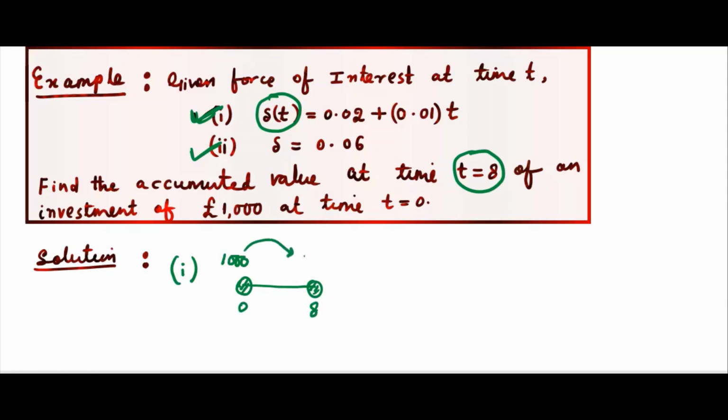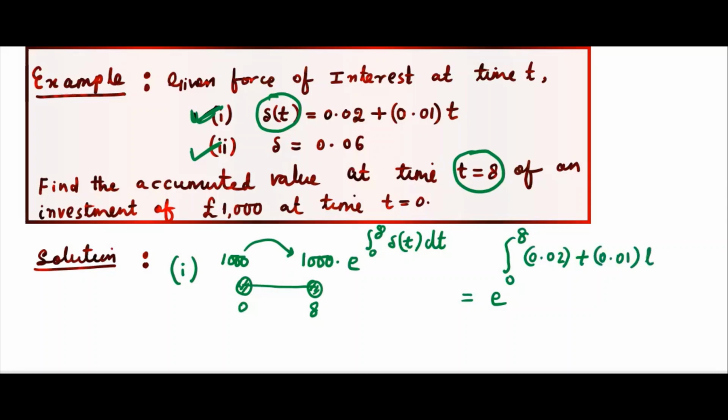It will grow to 1000 e power integration 0 to 8 years delta t dt, and that will be equal to e power 0 to 8 delta t, 0.02 plus 0.01 t dt.